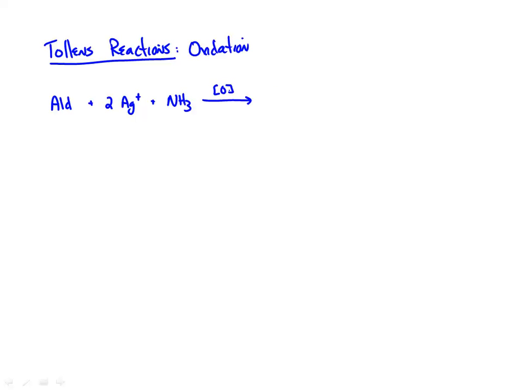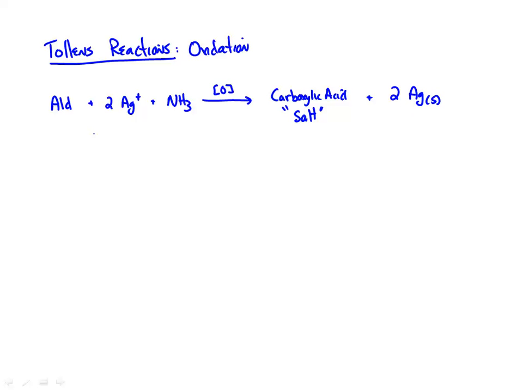And we oxidize that. Now normally what do we oxidize an aldehyde to generically? Well, here it's almost the same. We're going to have our carboxylic acid, but we're going to make what's called a salt, plus, of course, 2 silver ions that are just that.